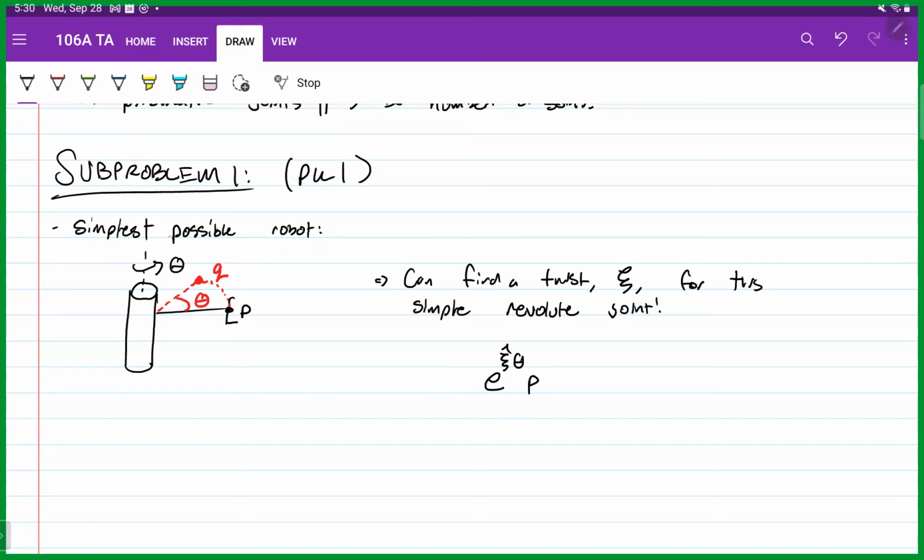We want to figure out e to the xi hat theta times P such that we get the point Q back out, because that's where we want our joint to end up. This is the transformation of rotating a single revolute joint. If we find a twist xi representing this joint, we just do e to the xi hat theta to represent this joint's motion. That's from the product of exponentials. Do we have any other questions about that setup?